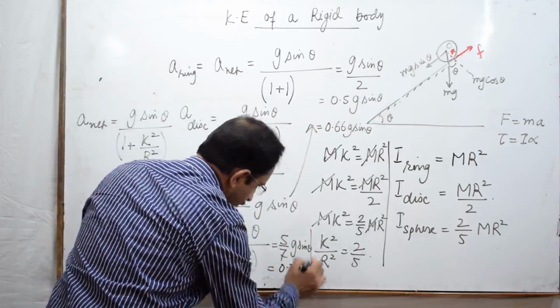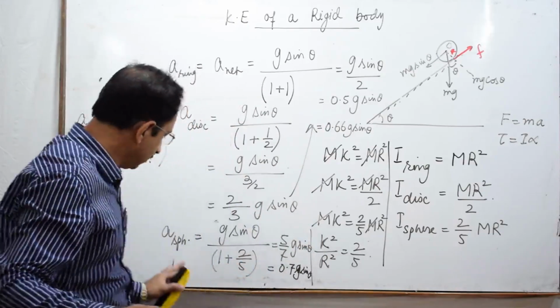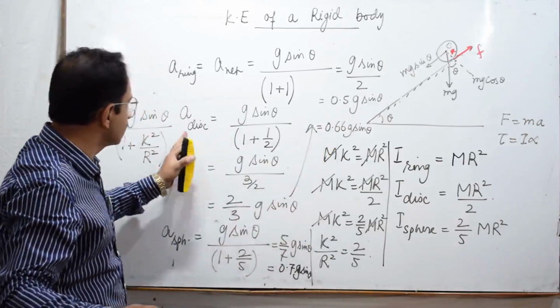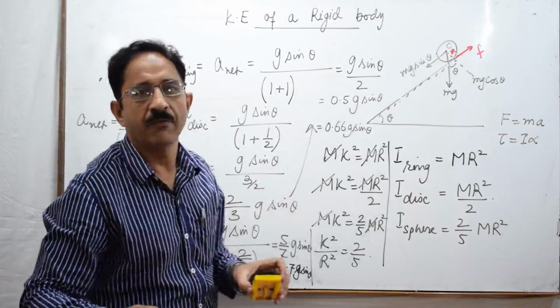So on the basis of these values you can tell that the net acceleration will be maximum in case of a sphere, the net acceleration will be slightly lesser in case of a disk, and the net acceleration will be least in case of a ring.